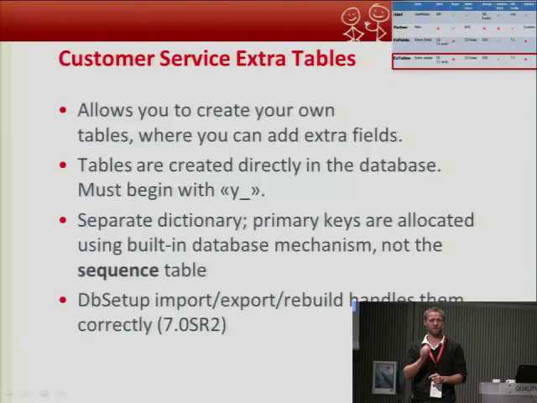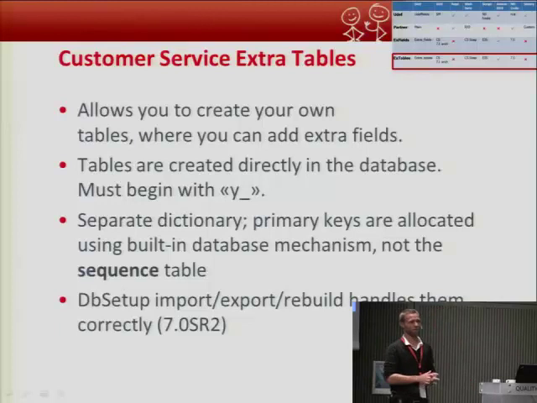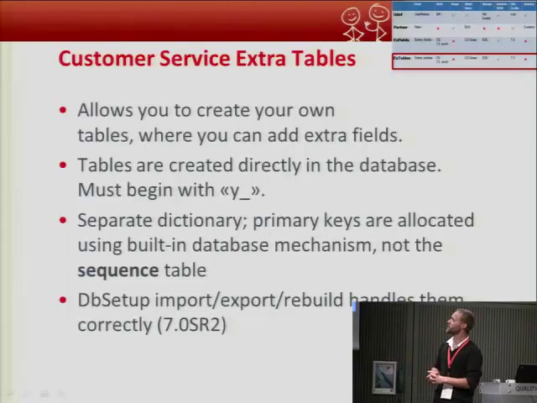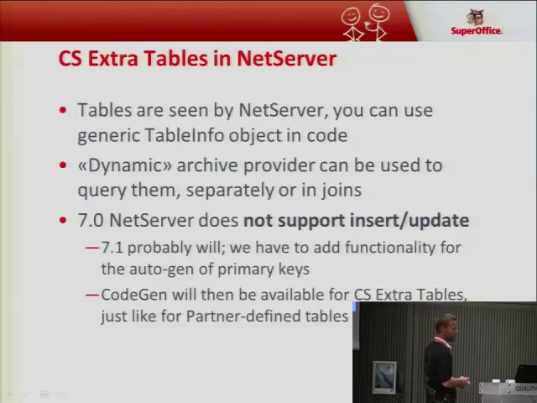So it uses the SQL database mechanism for creating a new unique identifier per row. Right? So when you insert into this table, the database will say, well, you just got a new number, you're row number 5, and that's how it works. They don't have any place in the sequence table. And thanks to Marek and some late night coding, EW setup, import, export, and rebuild handles them correctly in the 7.0 SR2.